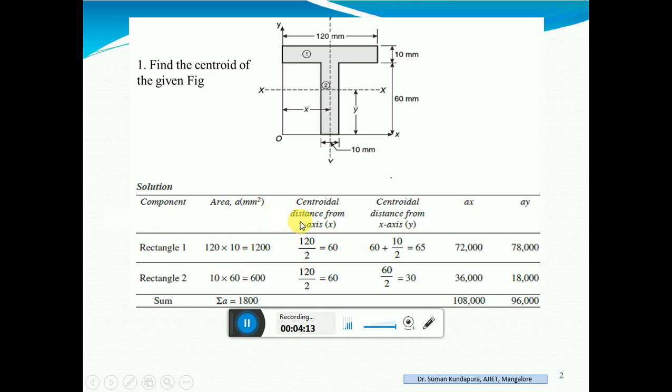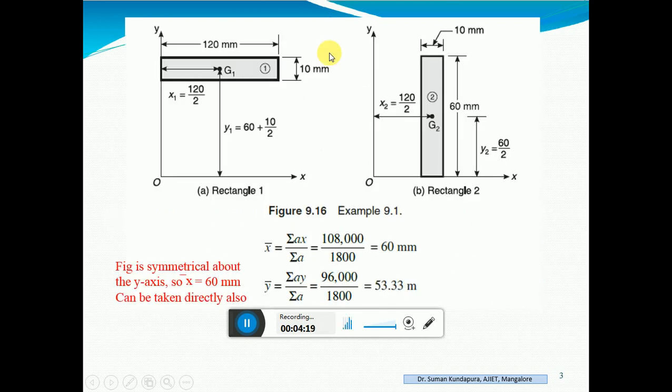Now take the first rectangle, and the CG, center of gravity, will lie here in between, somewhere here. So what is this distance from here to here? For a rectangle, we know it is b by 2. The x bar distance is measured with respect to the y axis, so it is from this till here.